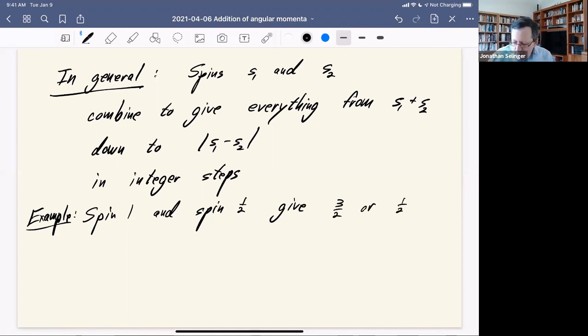Because S1 plus S2 is 3/2, and the absolute value of S1 minus S2 is 1/2.